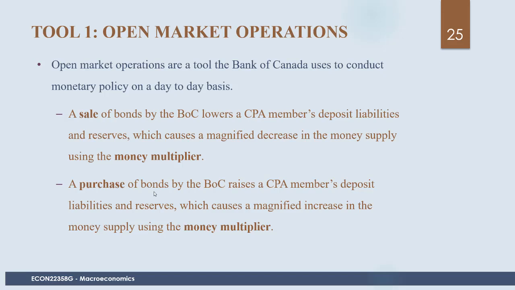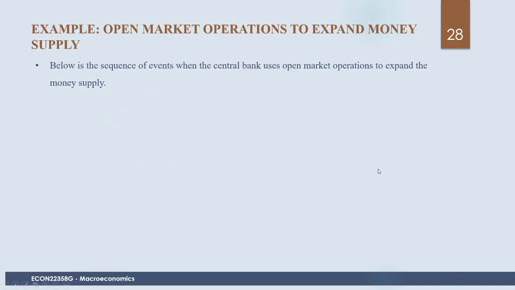So there's money now coming that wasn't in circulation from the Bank of Canada into the commercial banks, and they'll likely have excess reserves and they'll want to lend out money. If you remember, the money multiplier will determine how much of an increase in the money supply you'll get in terms of a purchase, and in terms of a sale, the money multiplier just works in reverse.